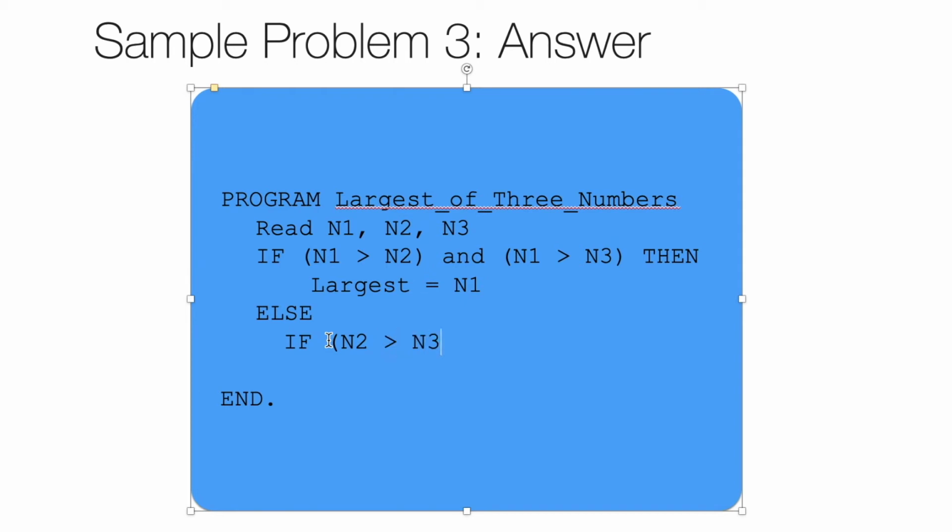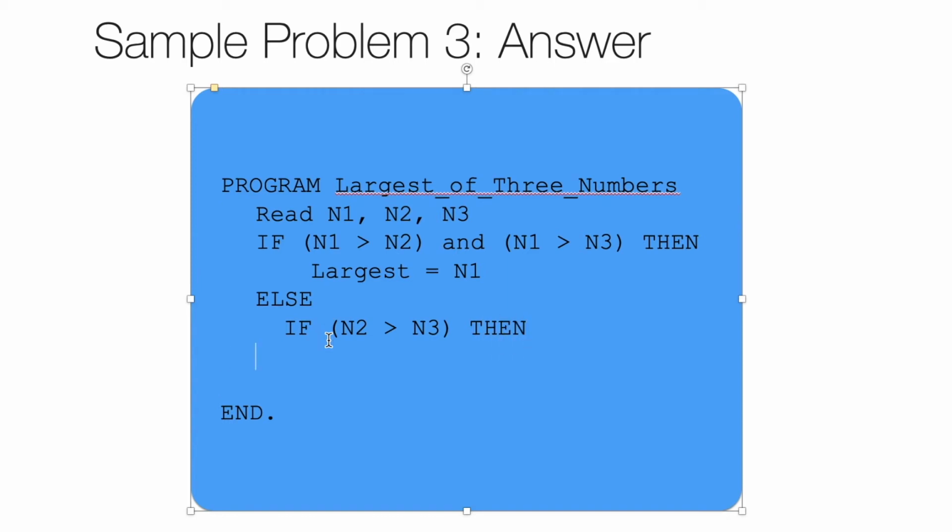If my number 2 is greater than number 3, then my largest should be n2. Why have I assigned my largest to be n2?